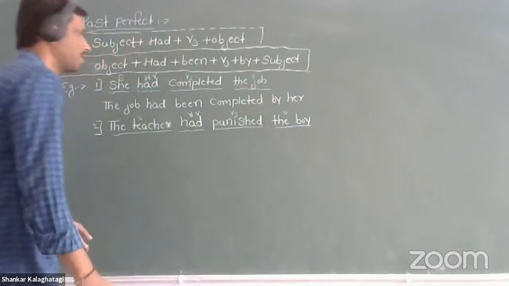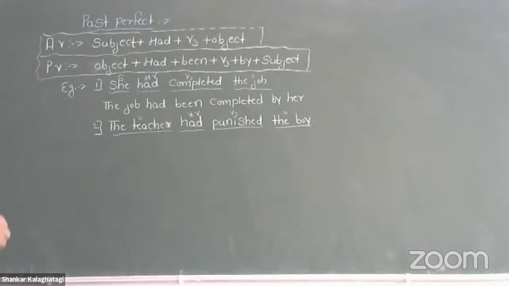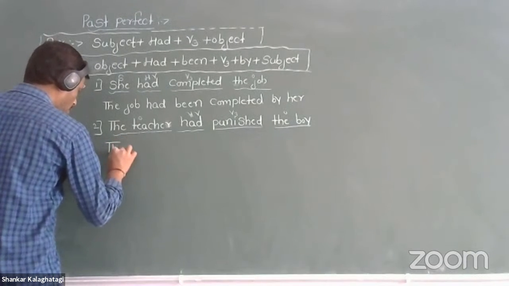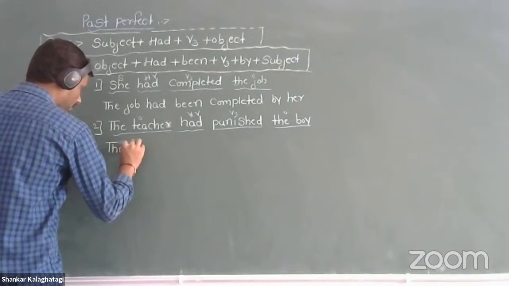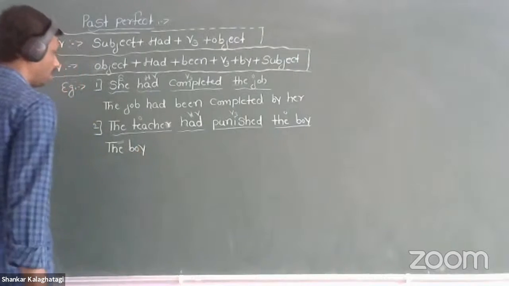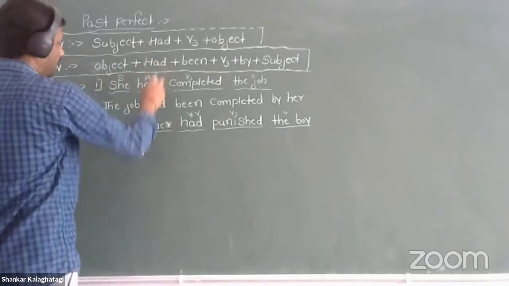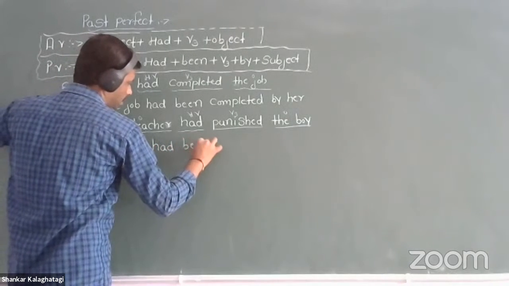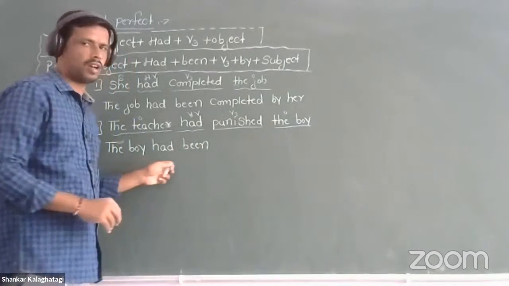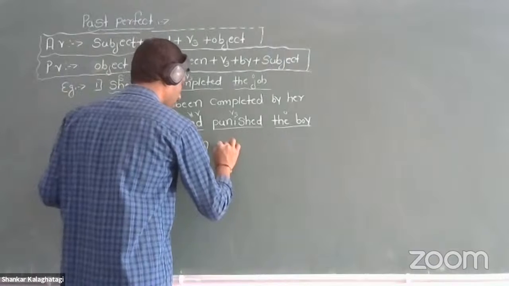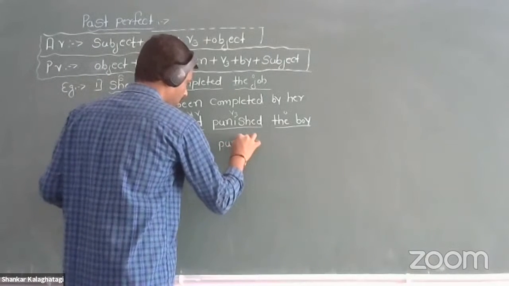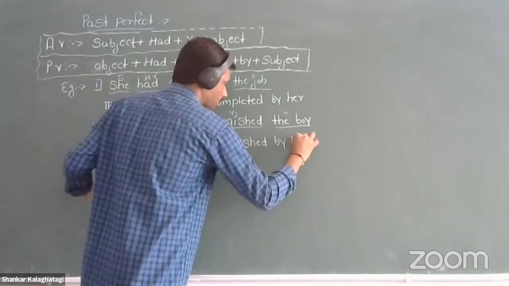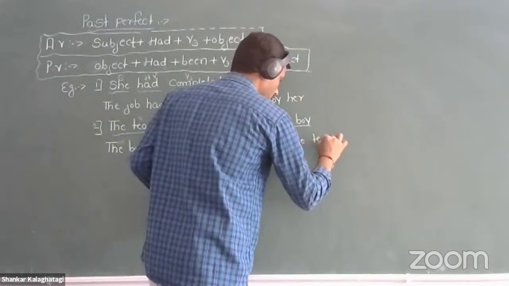The boy is our object. Simple. So write object first, that is the boy. After the object, what we have to write? Had been. The boy had been punished by the teacher. So after that, we have to write a V3, that is punished, by the teacher. Okay, simple.